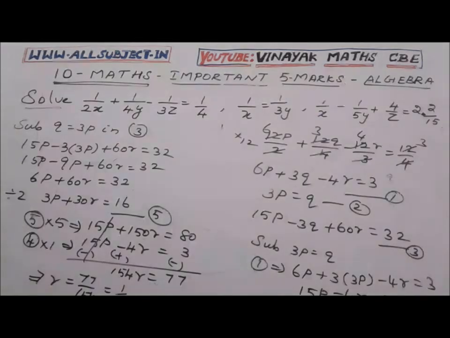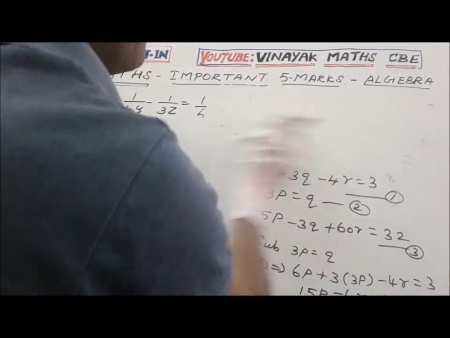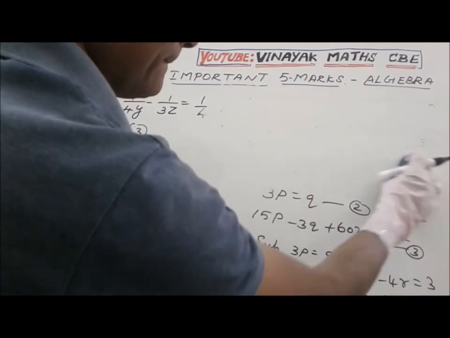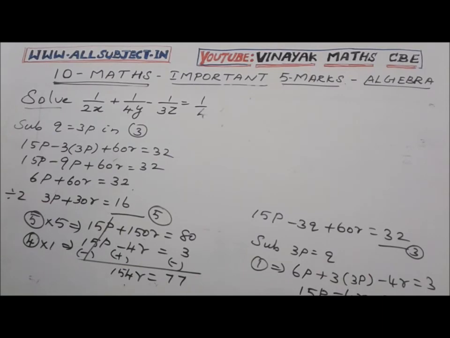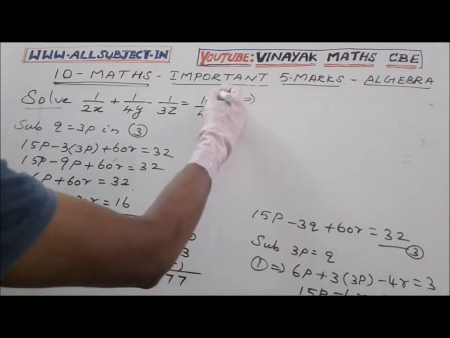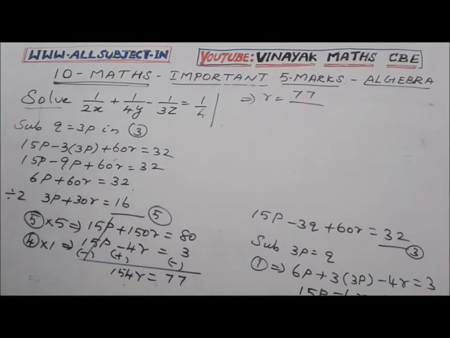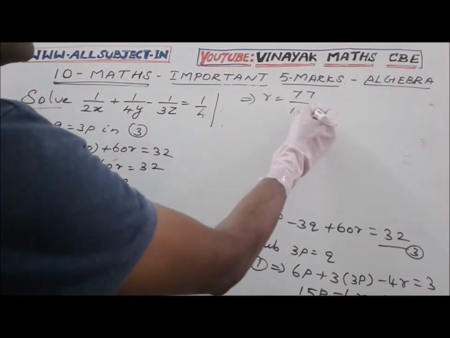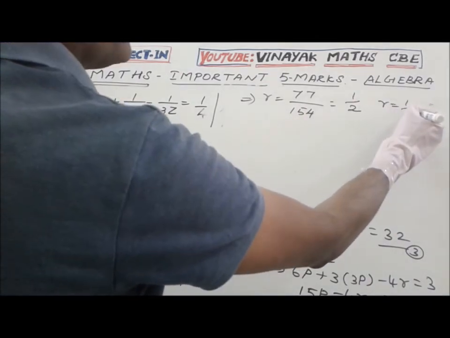Now we have found the value of R, that is equal to 1 by 2. So R equal to 1 by 2.